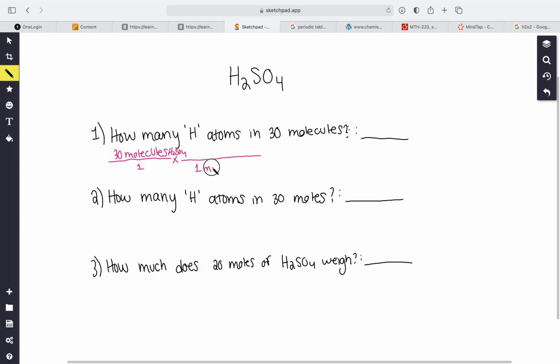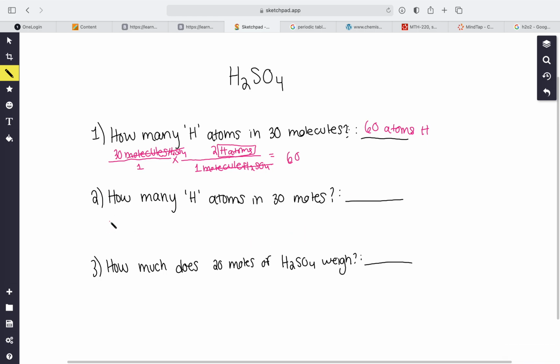In 1 molecule of H2SO4, we have 2 hydrogens, or we could say 2 hydrogen atoms if we want to be specific. So let's just check. We're crossing that out, and we're crossing that out. What we want is on top. Cool beans. I shouldn't have to put that in my calculator. 2 times 30 is 60.